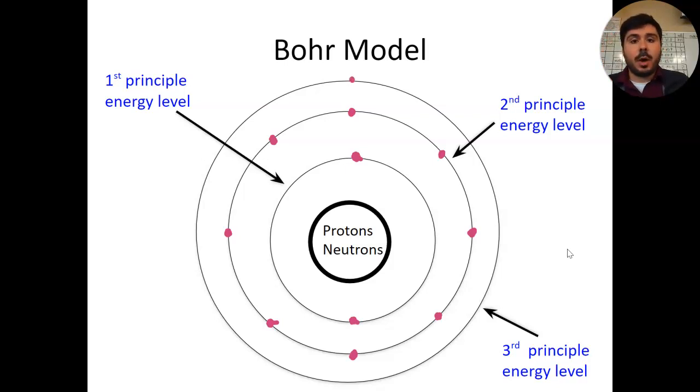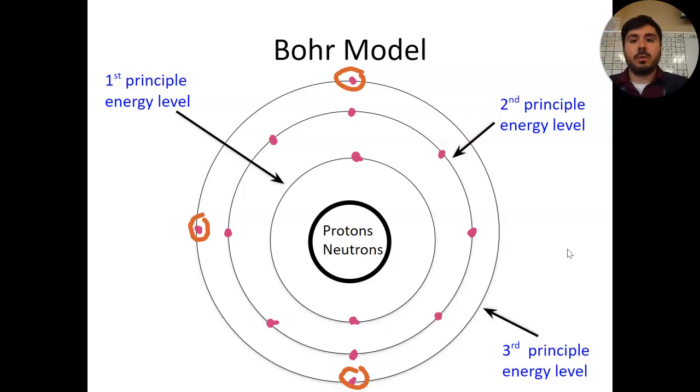So if I draw 1, 2, and let's say 3, these 3 valence electrons, and I use a different color here to circle these, I'm going to circle this one, and this one. These 3 valence electrons I just circled are in our third principal energy level, which is also our outermost energy level. These 3 electrons on this third outermost principal energy level are our valence electrons. So there's 3 in this particular model.